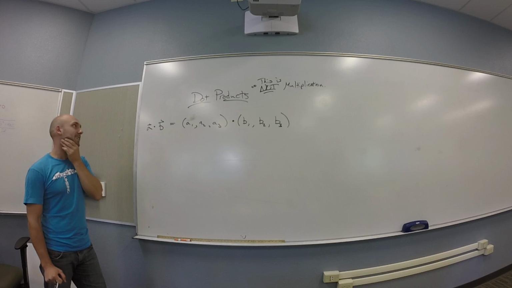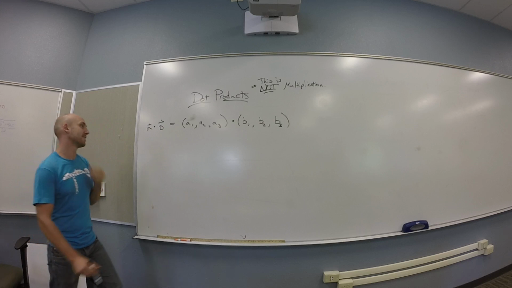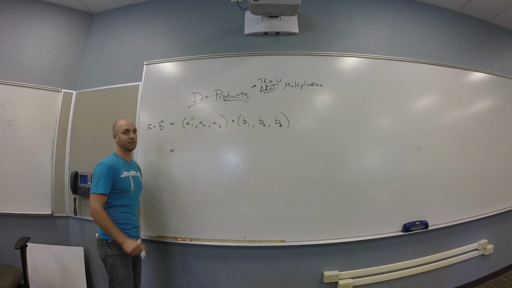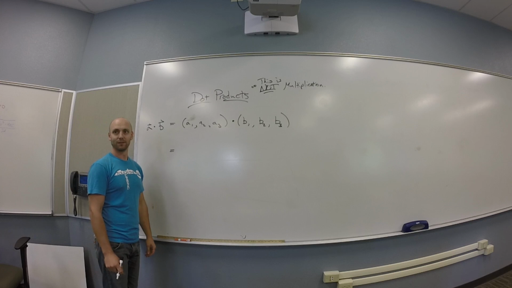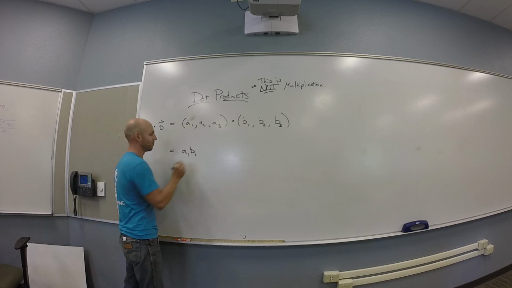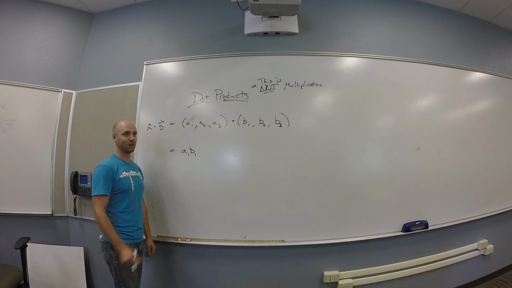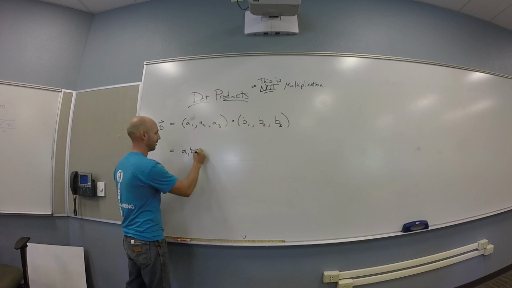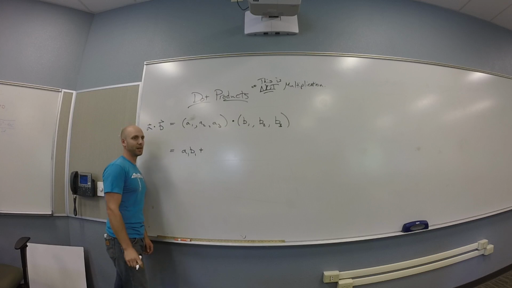So these guys, anybody know how to do this? I used to. I don't remember anymore. Okay, I'll just tell you. You take the first components and multiply them together. So A1 times B1. Am I allowed to multiply A1 and B1? What category of object are those?